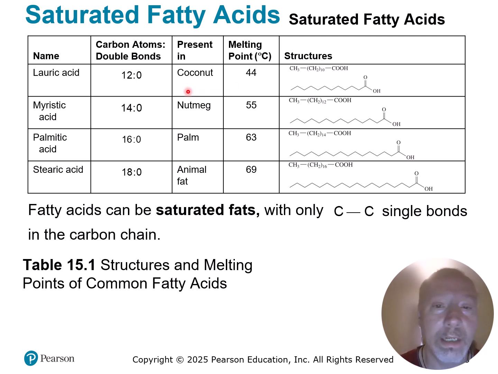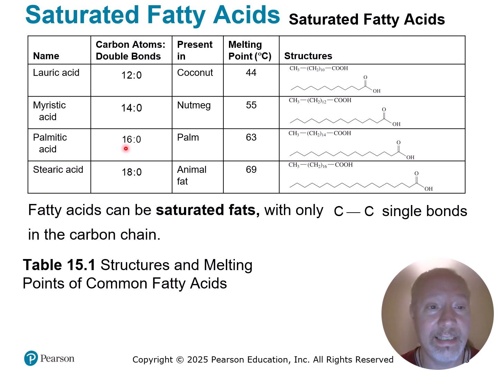It's present in coconut. Myristic acid has 14 carbons. It's a little bit longer than lauric acid. It's in nutmeg. It has a higher melting point of 55 degrees Celsius, and that makes good sense because it's 2 carbons longer.